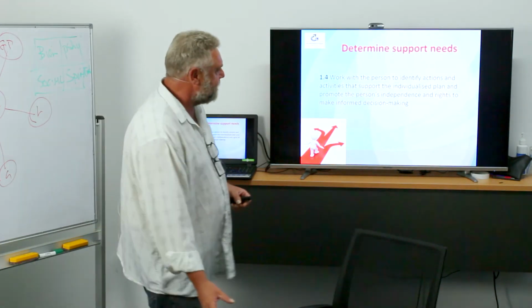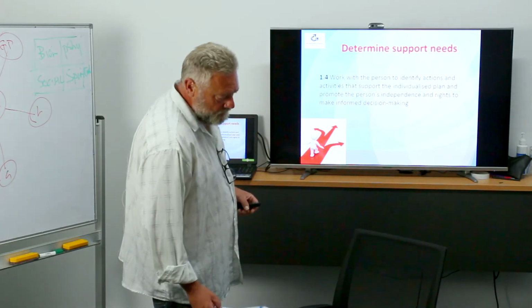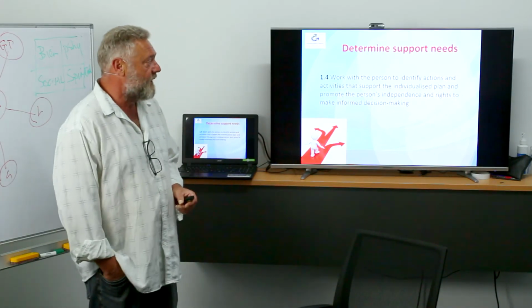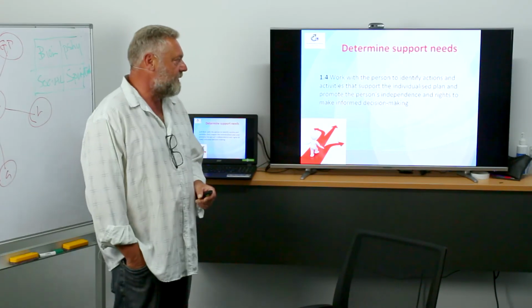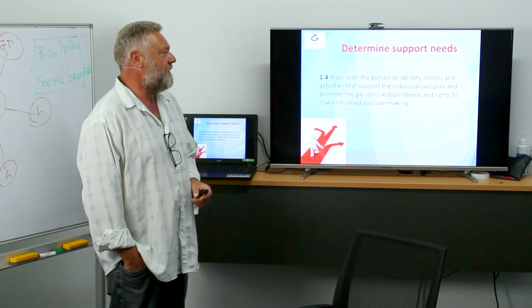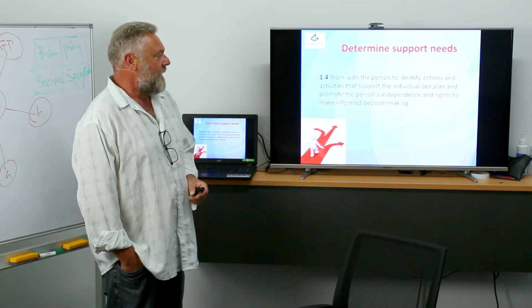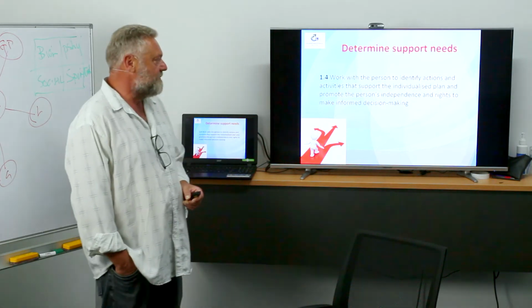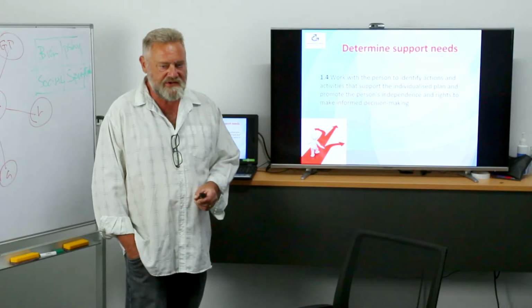All right, so now we need to look at the idea: work with the person to identify actions and activities that support the individualised plan and promote the person's independence and rights to make informed decisions.